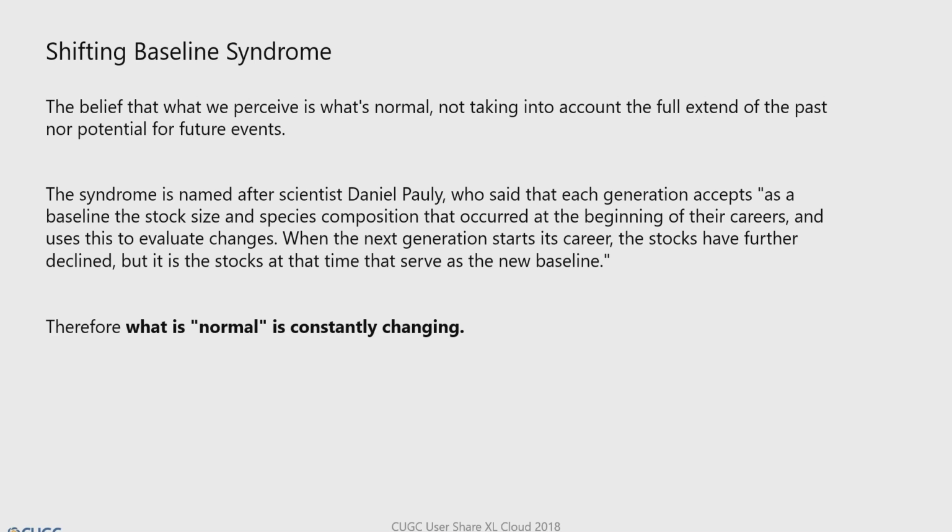If you're going to troubleshoot something, or put a service up in a public cloud and use that service, you need to understand that the baseline you created a week ago, a month ago, a year ago is probably not the same baseline you should be using, because what is considered normal on that original baseline is, like it says, constantly changing. Now, this is with the human factor, but it's also with everyday things that we deal with.